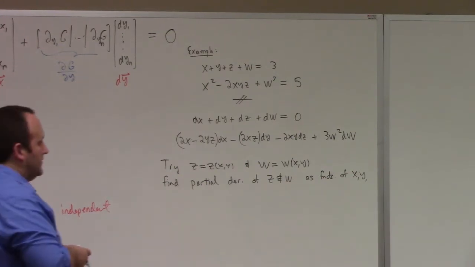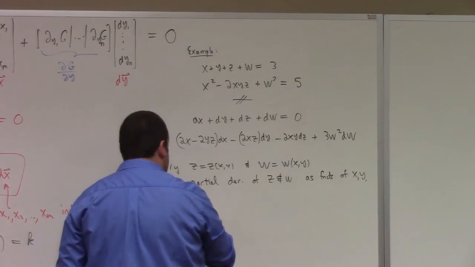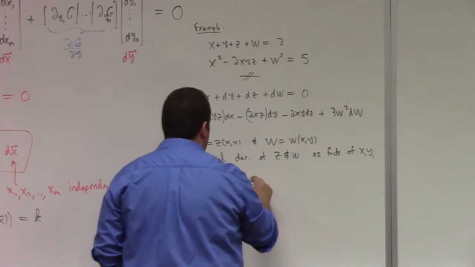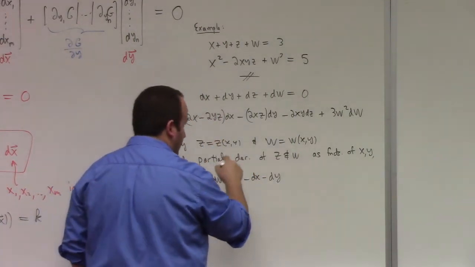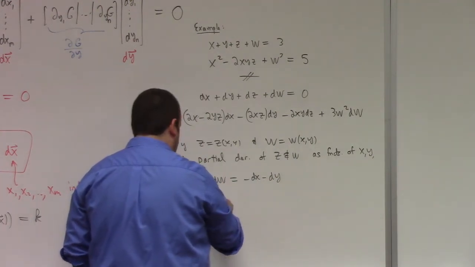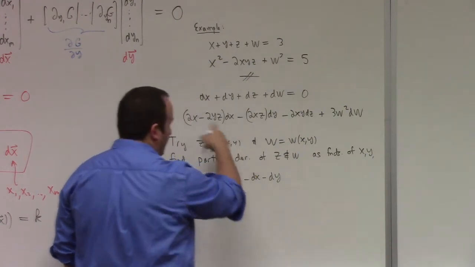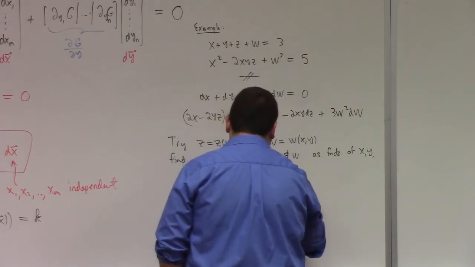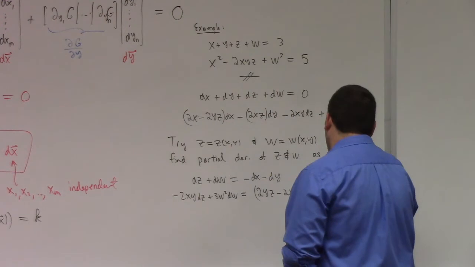So what I need to do is isolate the dz and dw. So I got dz plus dw is equal to minus dx minus dy, right? This one, I've got minus 2xy dz plus 3w squared dw. And I just take all the xy stuff to the other side. So I've got 2yz minus 2x dx plus 2xz dy.